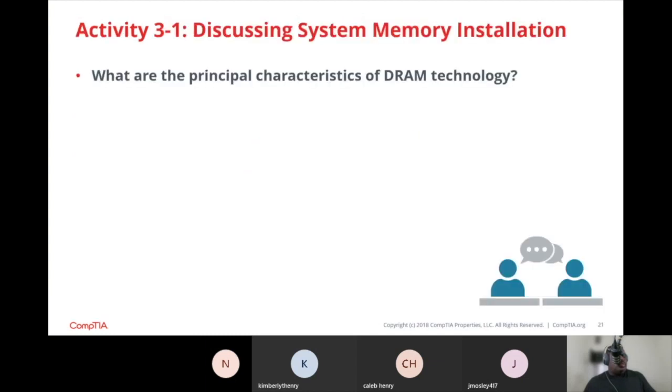So, what are the principal characteristics of DRAM technology? Anybody answer that one? Anybody know what DRAM is? Dynamic RAM.